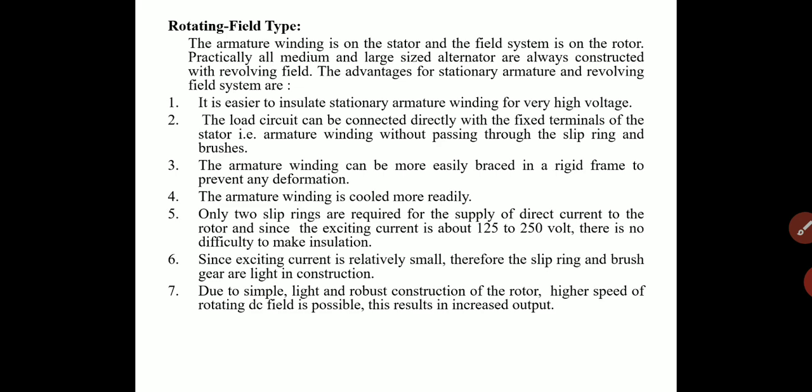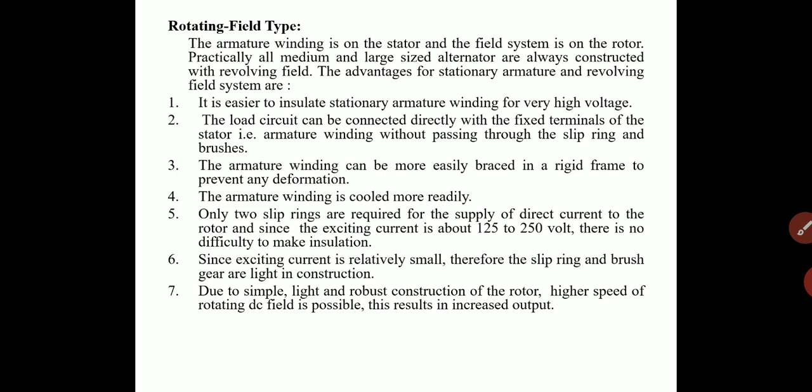If we construct an alternator of power rating 100 kVA or 400 kVA, big slip rings and brushes are required.